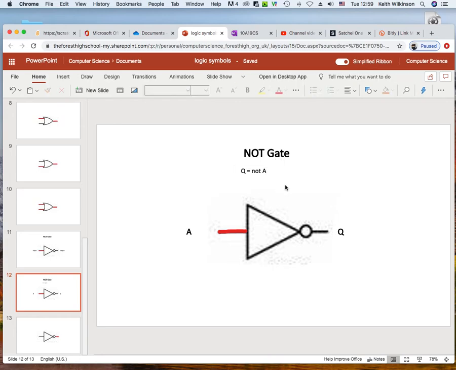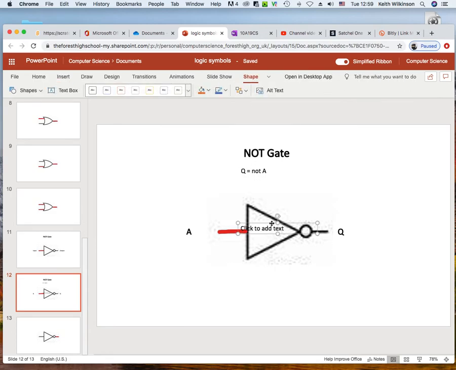And there is also a symbol for NOT, which hopefully I can manage. It's a little bit strange. Now notice I've also written this Q equals NOT A. It doesn't really matter which way round you write them. It's just a preferred way that I've shown you. So this one would be Q equals, let's see if I've got this symbol on my keyboard.